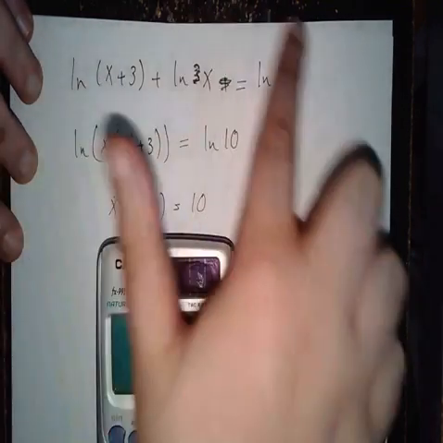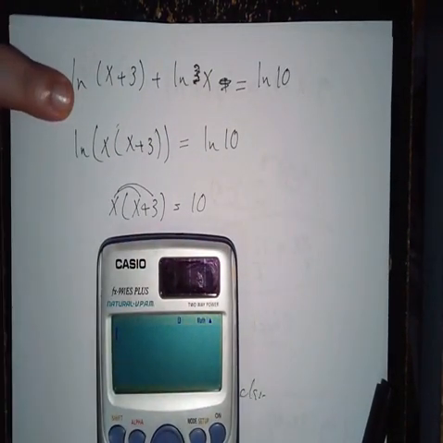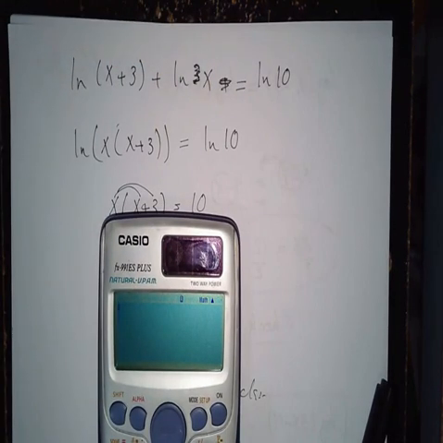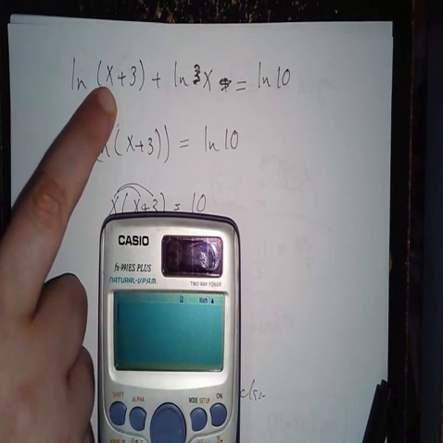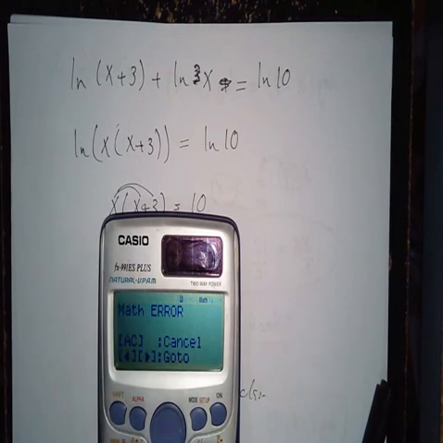I want you to always use the question, not what you worked out. Now, if I do it in the question, you're going to have two separate negative values in two separate logs. Make sense? So in this one, if you plug in the negative 5, it becomes negative 5 plus 3, which is negative 2. And natural log of negative 2 is an error.